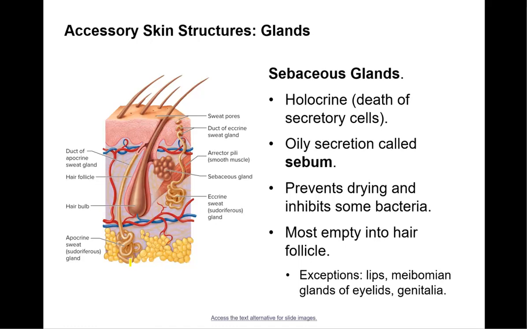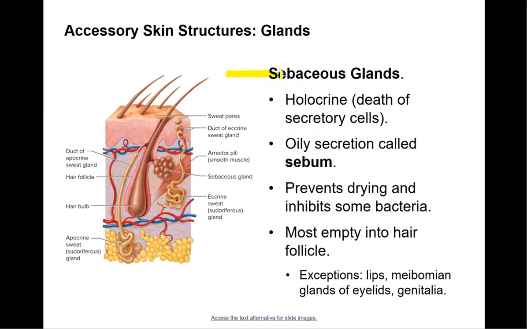Anyway, the apocrine sweat glands produce the sweat that you have under your armpits that smells, that has an odor. And then the eccrine sweat gland, also a sudoriferous gland. That's just another word for sweat, sudoriferous. But the eccrine sweat gland produces the watery sweat, and it's not attached to a hair follicle. So it produces just the watery sweat that helps cool our body when we're hot.